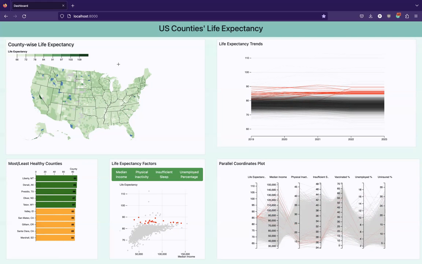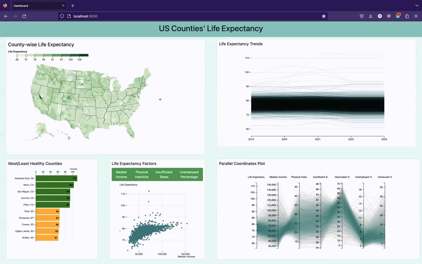On the right side, we also see the life expectancy trends from 2019 to 2023, which shows for 5 years the distribution of life expectancies and how they have changed over these 5 years. We don't see much of a change because the data set is minimal.